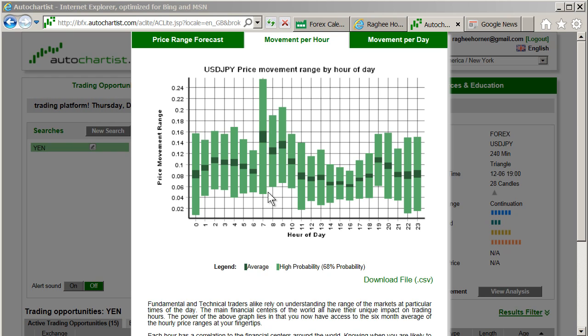I also want you to notice what the most volatile hour of the day is. Now, different pairs have a different rhythm. The rhythm for the dollar yen is actually relatively sedate in terms of pip movement. It's not a very volatile pair, but it's quite consistent.